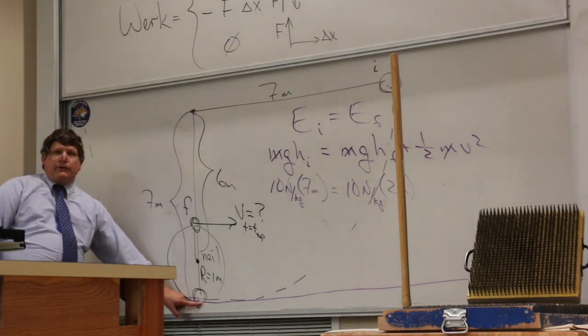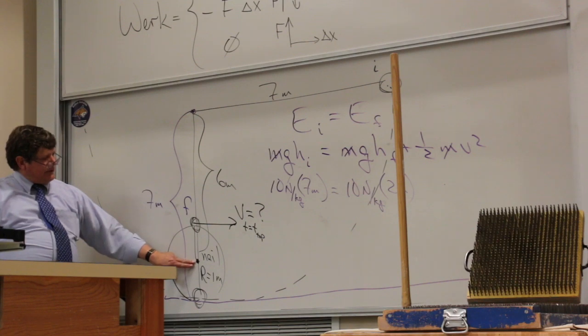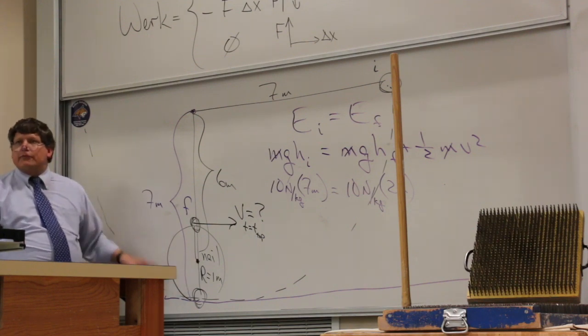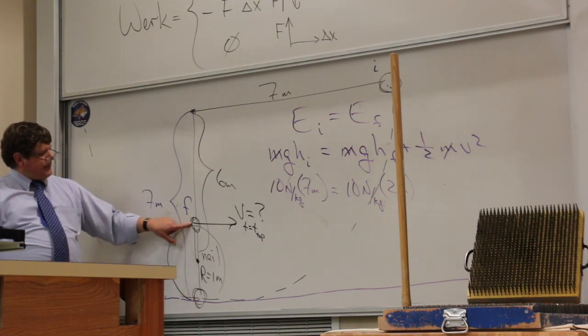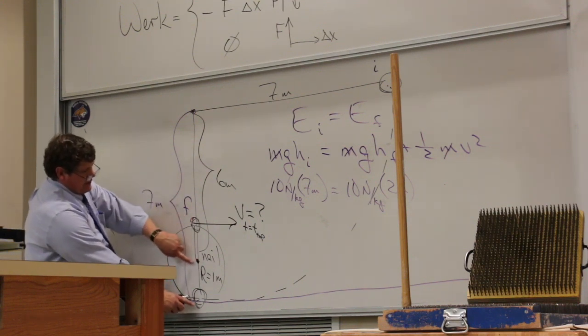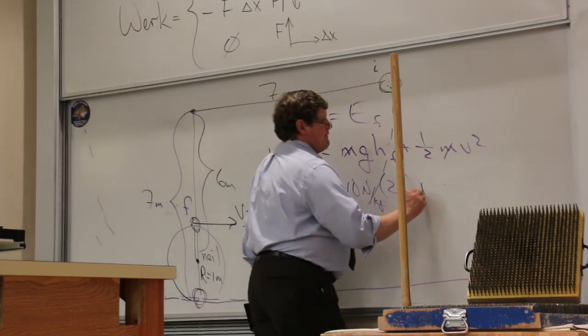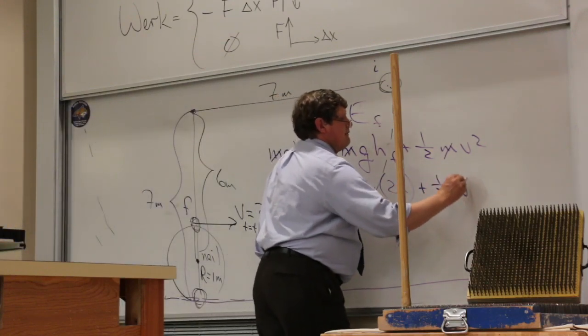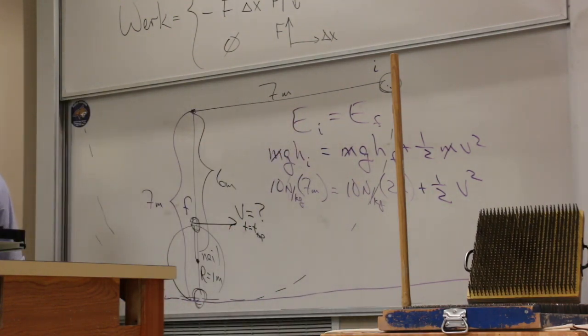That's what I'm calling 0. From the bottom to the nail, that's 1 meter. The circle has a radius of 1 meter. But it's up here. There's a meter, so it's at 2 meters. And then I have plus 1/2 v squared. I solve for v, and I get v equals 10 meters per second.